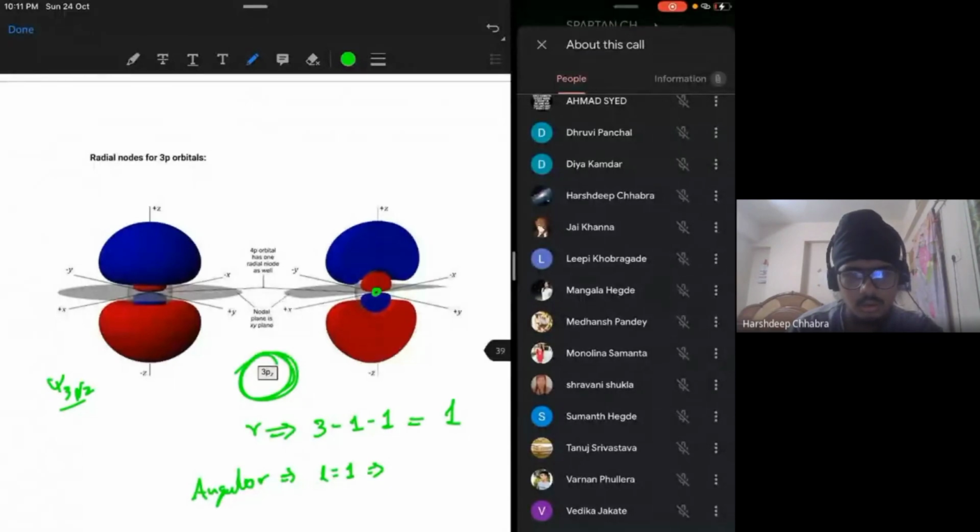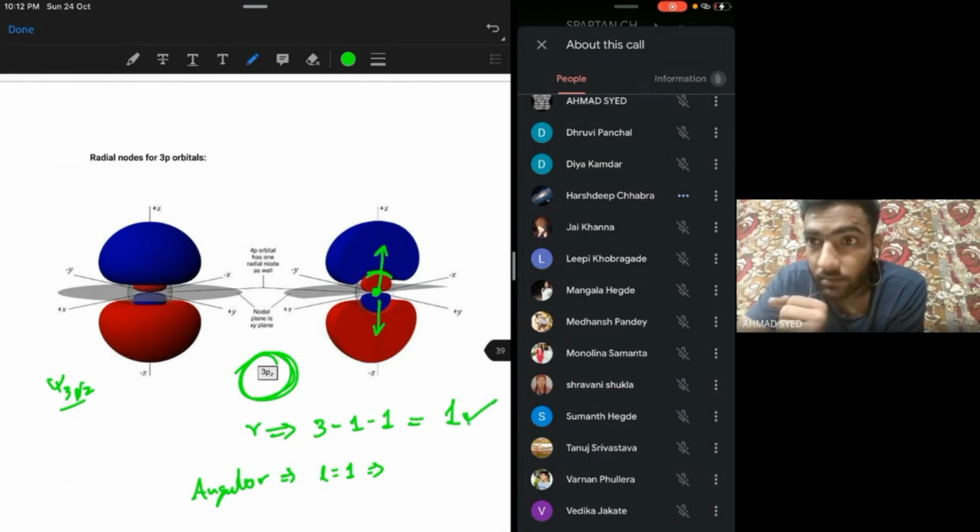Now, from the origin, as you move in any direction, do you see anywhere the probability becoming zero? It has to become 0. It has one node here.